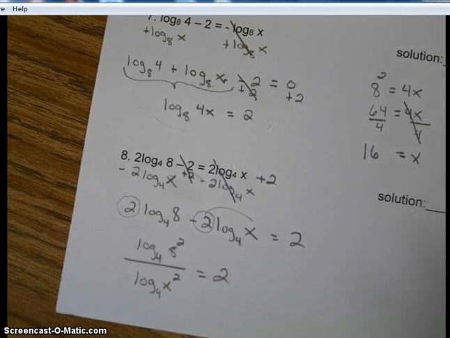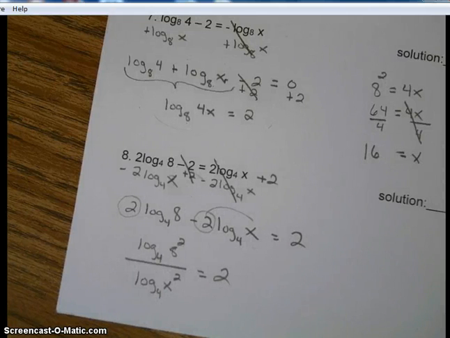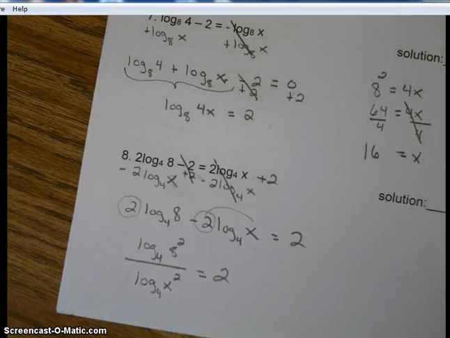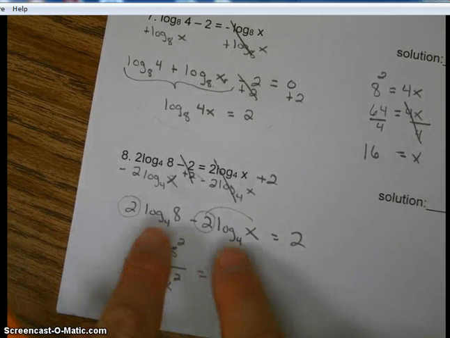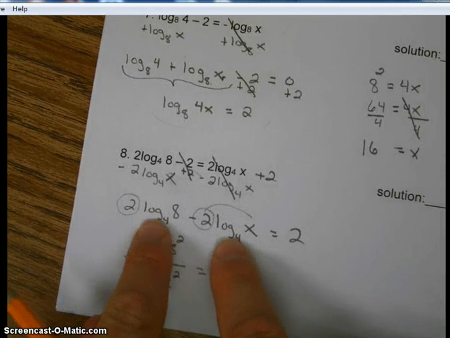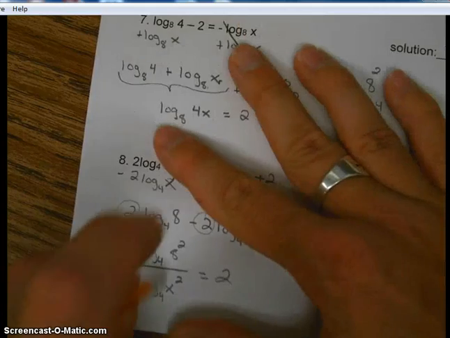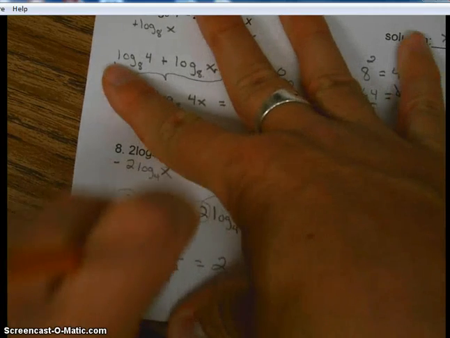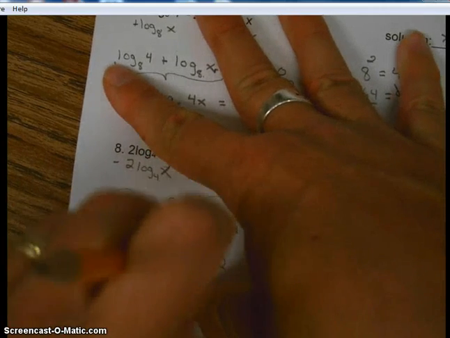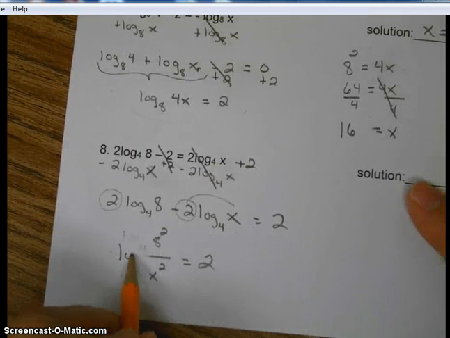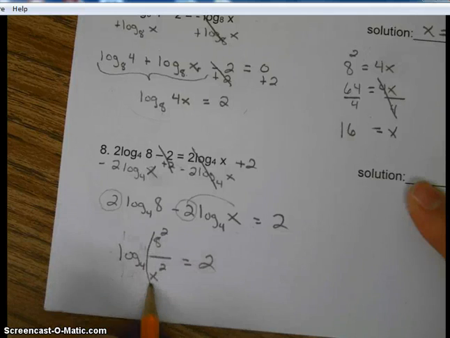I can understand why we would make this mistake. It's early in the morning, or we just weren't thinking right. But remember, we're condensing 2 logs into 1. So this was a mistake, 2 logs into 1.